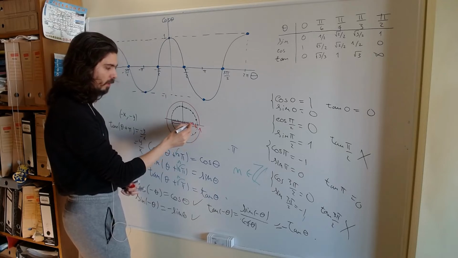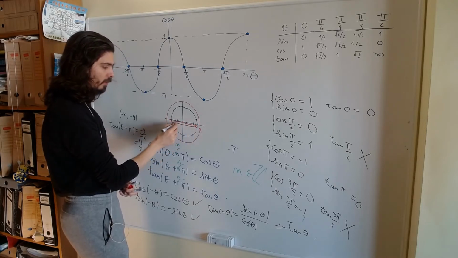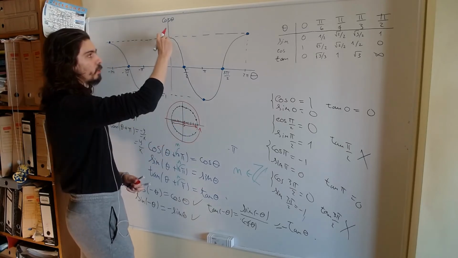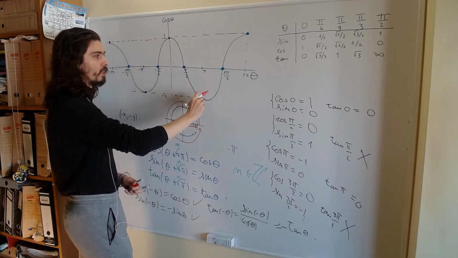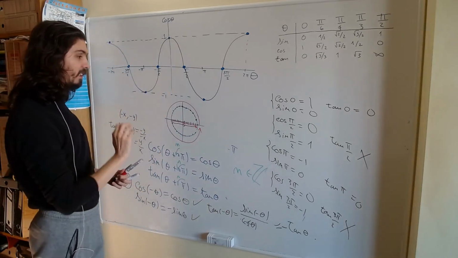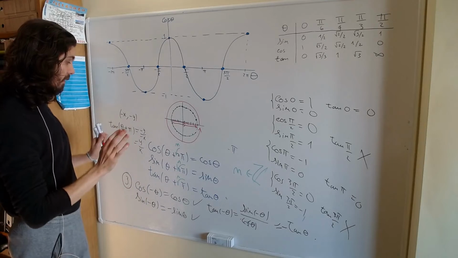From 1, 0, -1, 0, and 1. Like this. Make a U-turn. That's what you see here. 1, 0, -1, 0, 1. Okay? Now, if this is clear, okay?